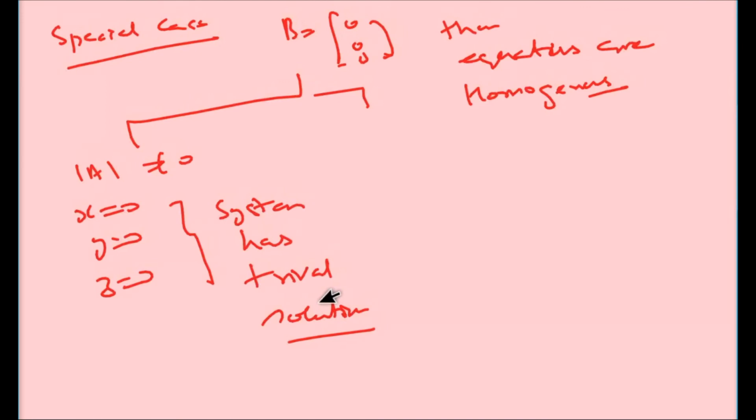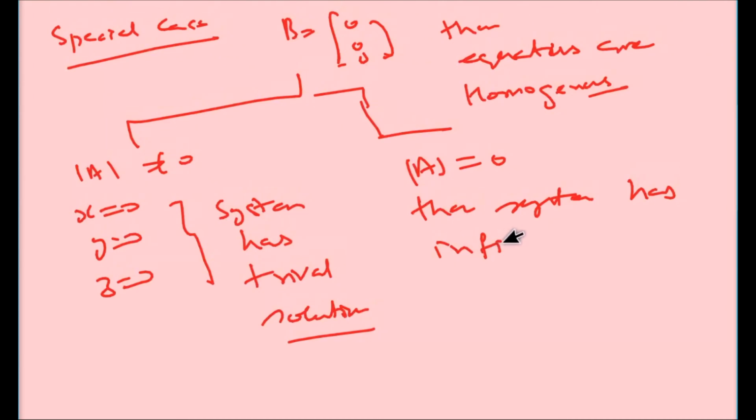Okay, now if we check here determinant A equal to 0, then again we can say the system has infinitely many solutions.